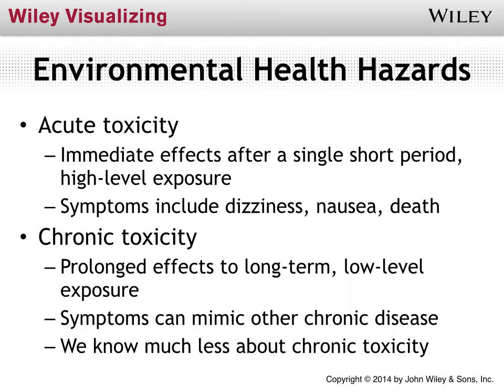We know more about acute toxicity, the chemicals or things that are really nasty and can cause immediate problems. But by the nature of chronic toxicity, we know much less about it. When it takes 10, 20, 30 years of exposure to something for the negative side effects to accumulate enough to show up, we haven't had that much time to study some of these chemicals.